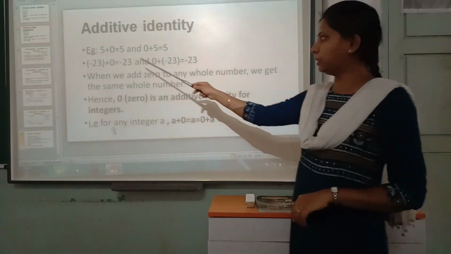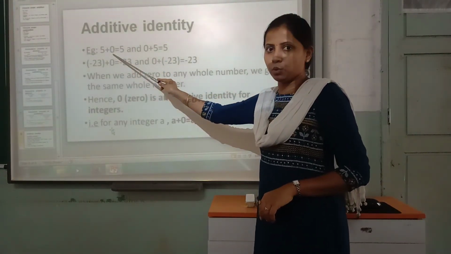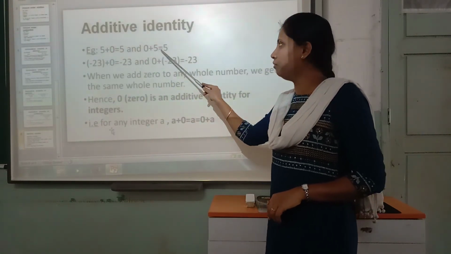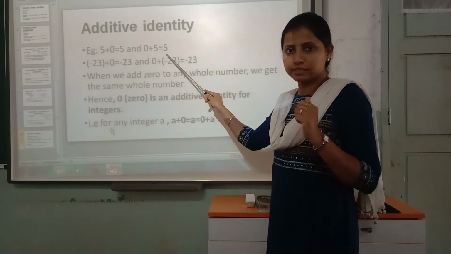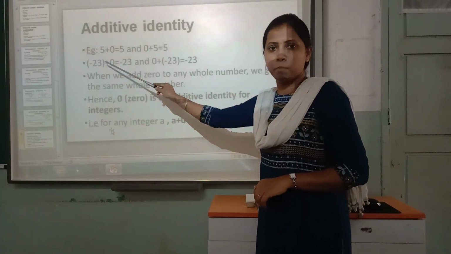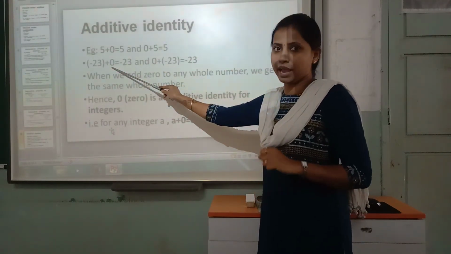Now for example, you can see here, −23 is an integer. To get back −23, only 0 can be added.